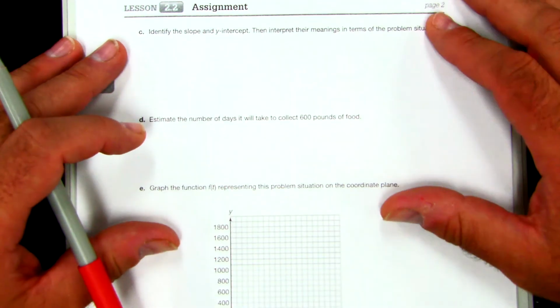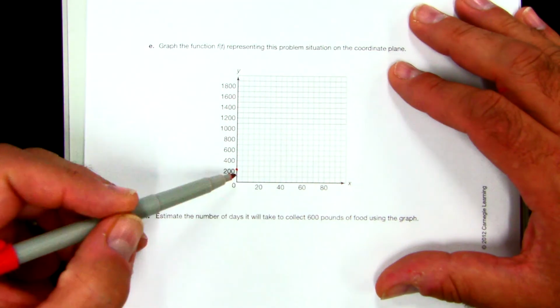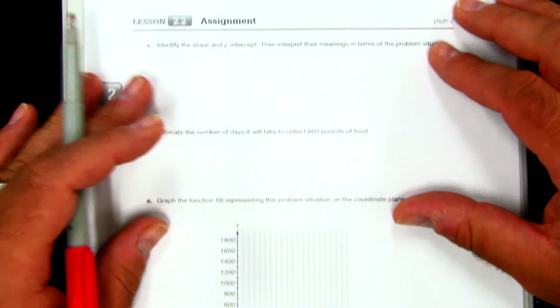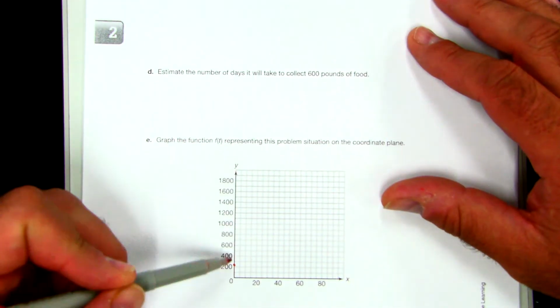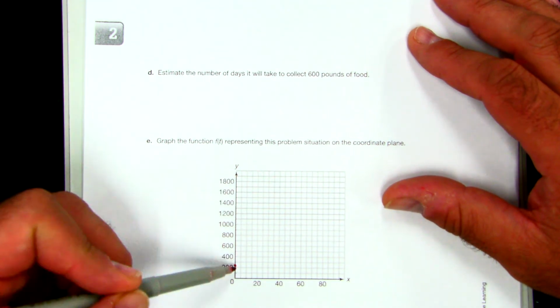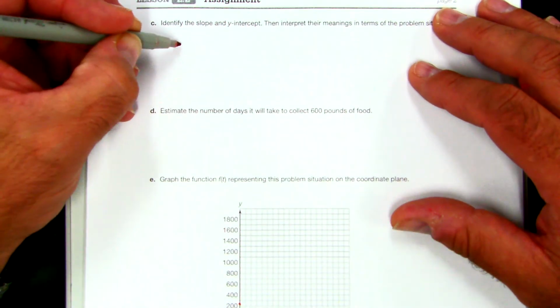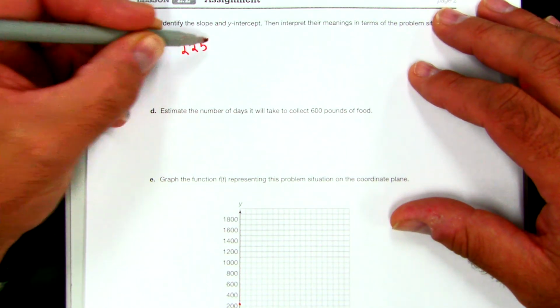Alright, so now we have to identify the y-intercept. Well, let's look at this. If we started at 225, that means the y-intercept is where? It's where my graph is going to touch the y-axis. Well, I started at 225, so that means the y-intercept is 225.